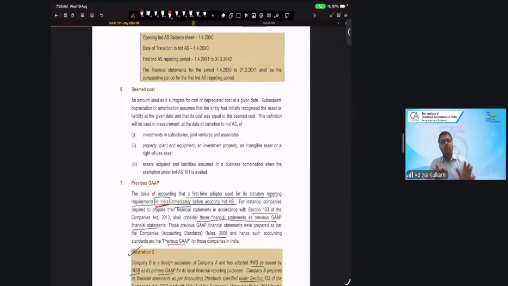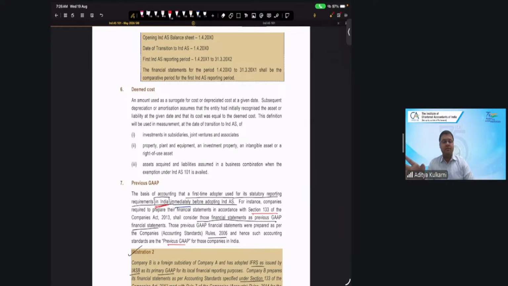So first, it was in AS but is not needed in Ind AS, so you will de-recognize it. There are some transactions and balances which are not required under Ind AS, they were shown under AS, so de-recognize. Second one, there are some items which are not shown in AS but need to be shown under Ind AS, so recognize. Third one is reclassify.